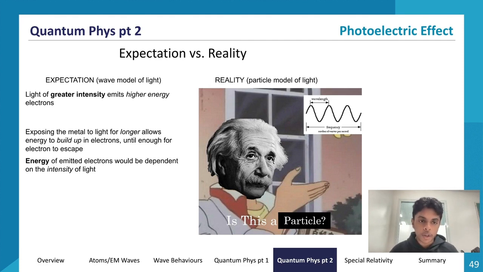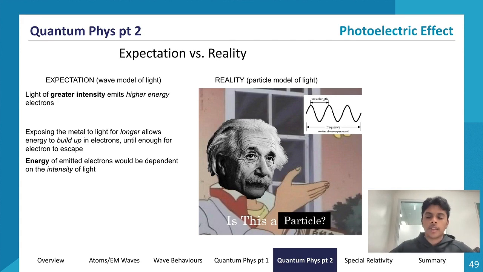Instead, the photocurrent increased. As the intensity of light increased, the photocurrent increased. Photocurrent is represented by the number of electrons going through the circuit, instead of photovoltage, which is the energy of those electrons. So this indicated that as the intensity increased, the number of electrons emitted also increased.